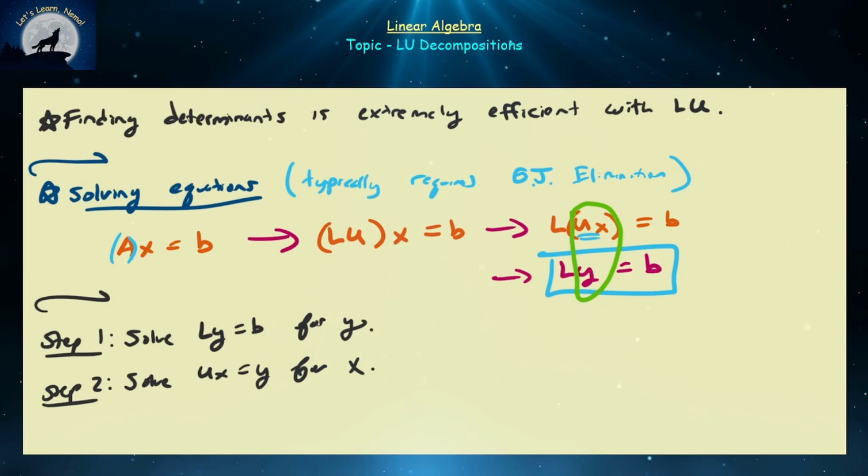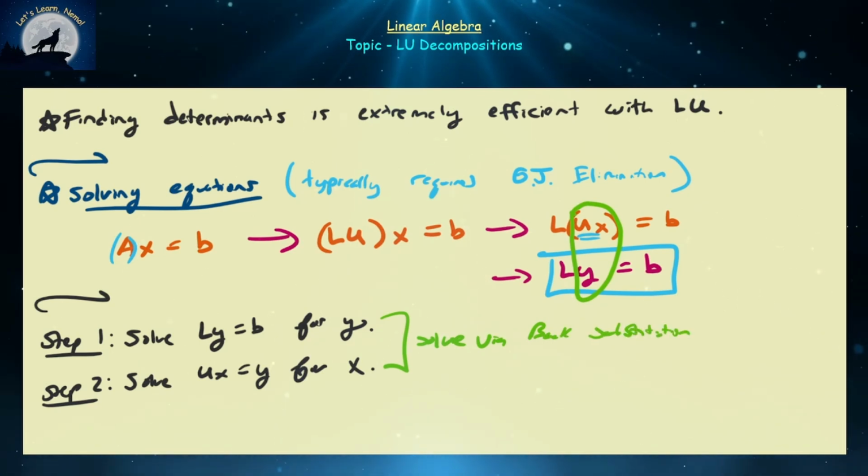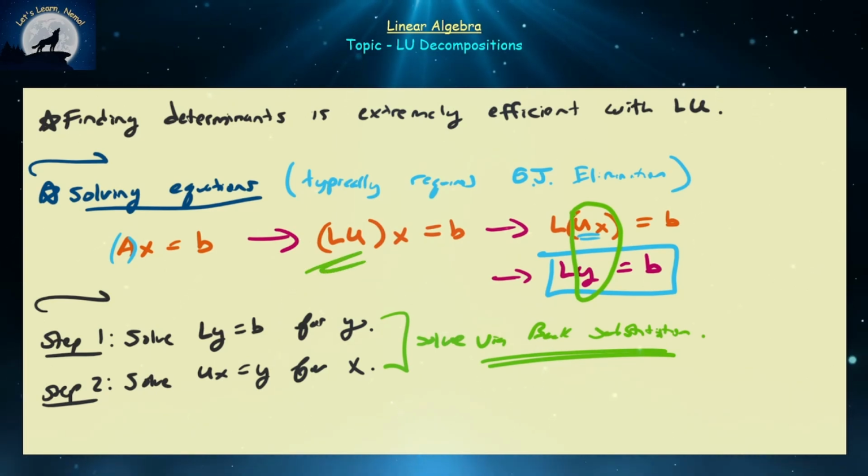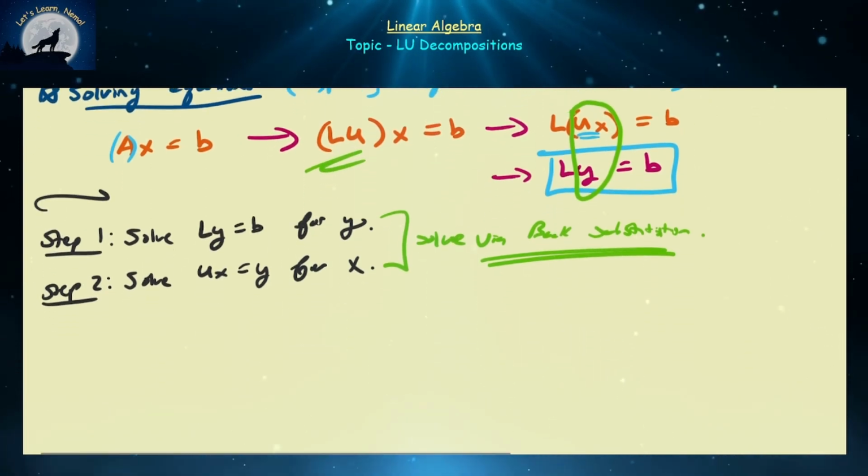And we can solve both of these via back substitution. Okay? So we're going to be assuming that you can already calculate the LU decomposition and then proceed from there.